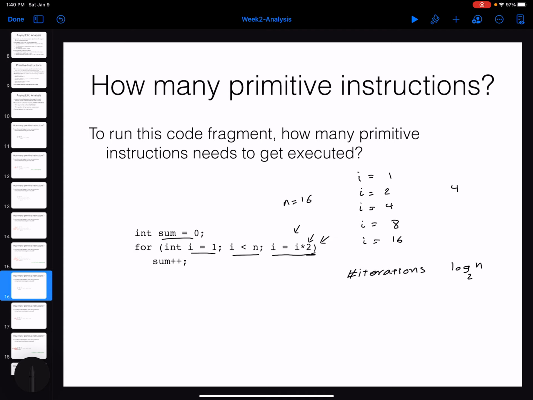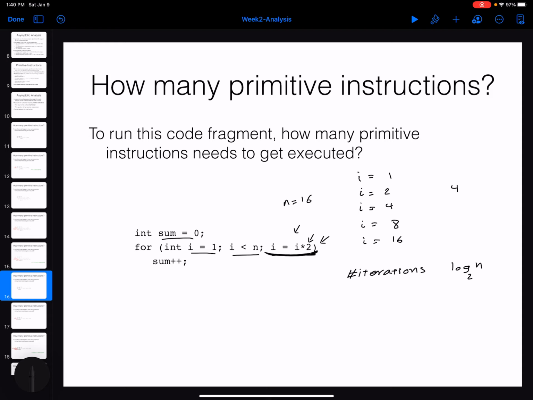Here you are increasing i by multiplying it by 2. So it is much faster. So it actually gives you this sense that when you have a loop like this, the loop is going to iterate definitely a much smaller number of times, right?